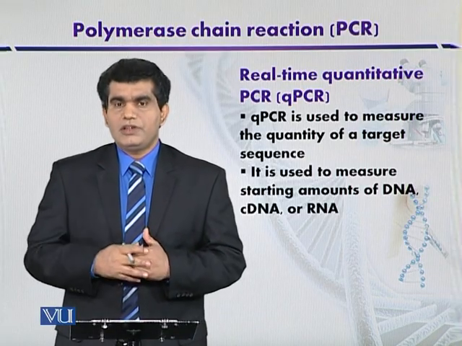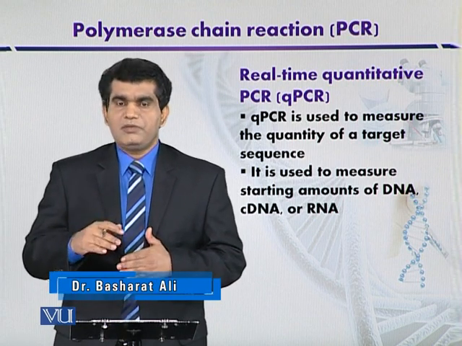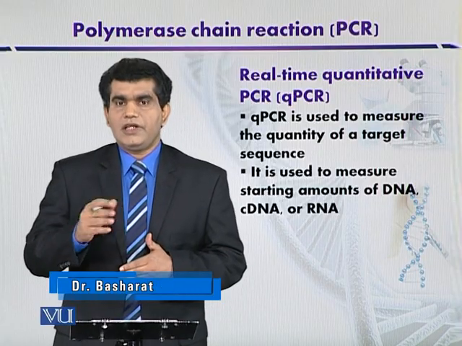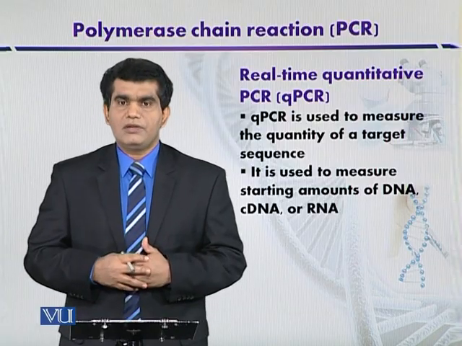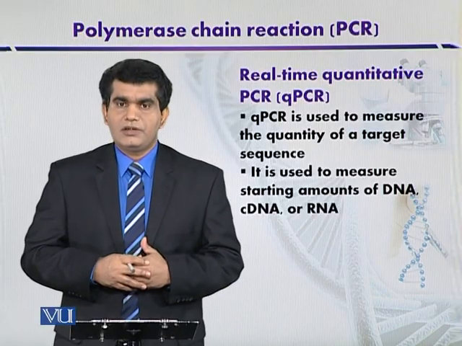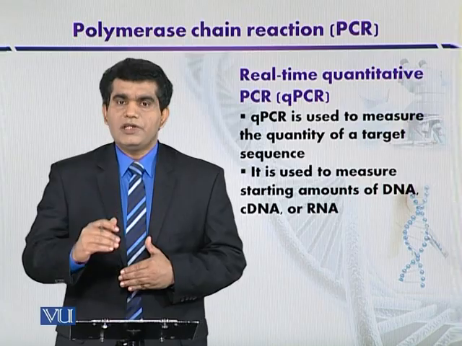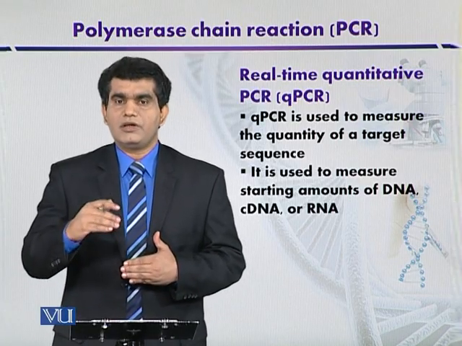So you can say that there may be a relationship between the initial quantity of the nucleic acid and that accumulated after a particular number of cycles in the PCR reaction. So we can use this criteria to calculate the amount of nucleic acid or DNA that has accumulated after a particular number of cycles.